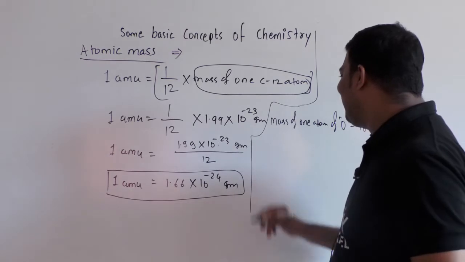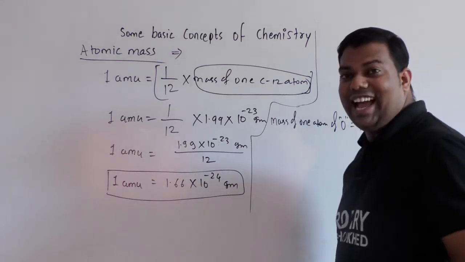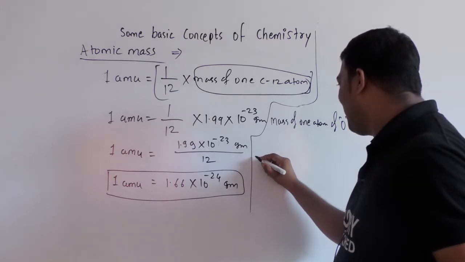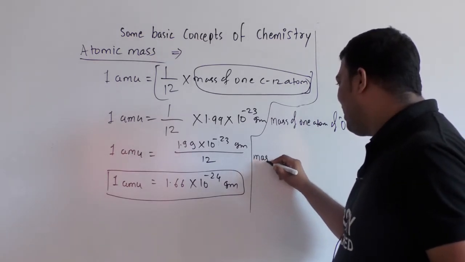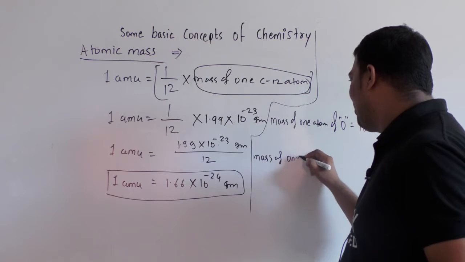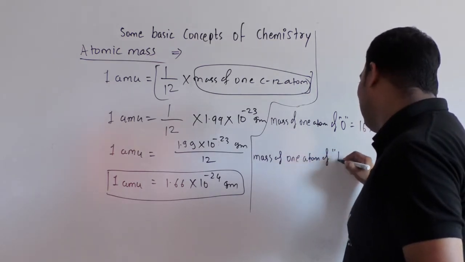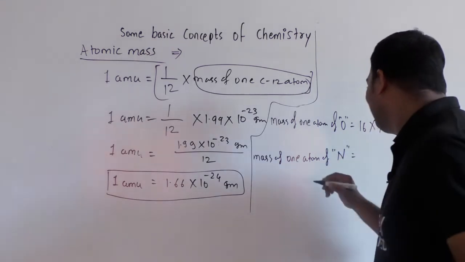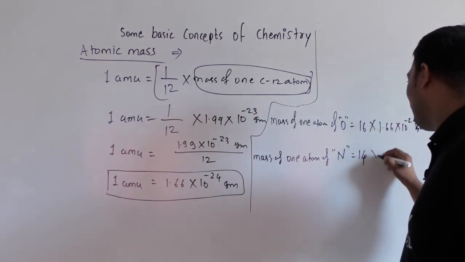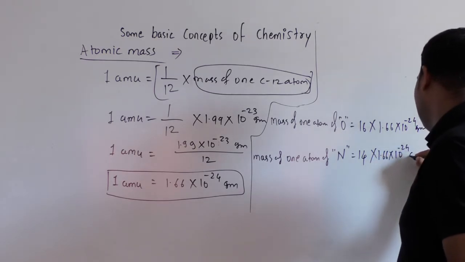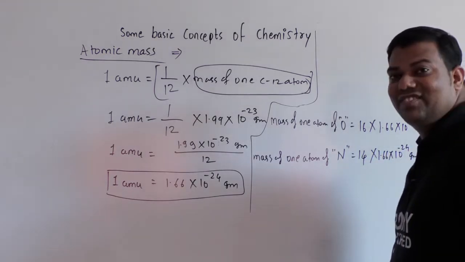Okay, so like this, see here. Now the mass of one atom of, suppose I want nitrogen, what will I have to write? Yes, 14 into 1.66 into 10 raised to minus 24 gram.